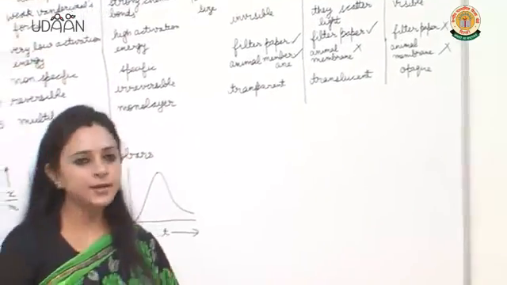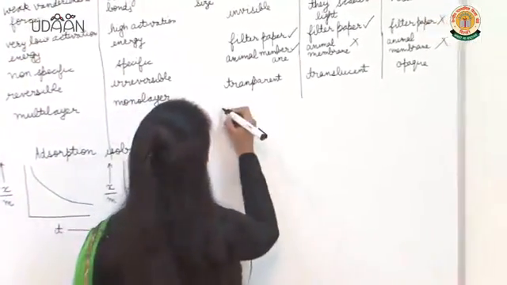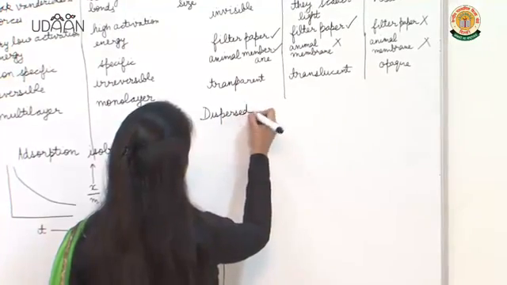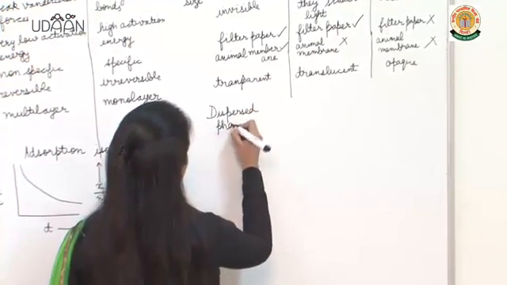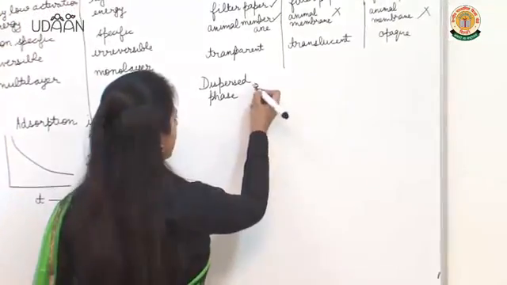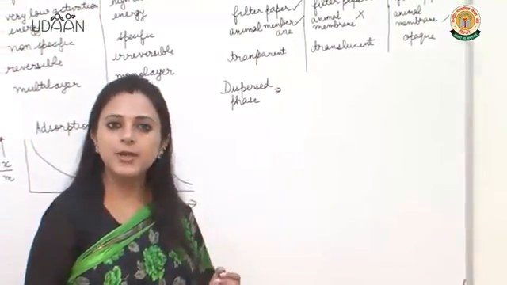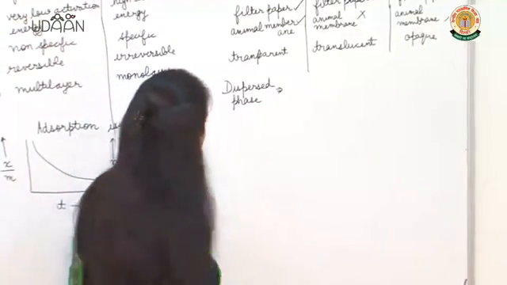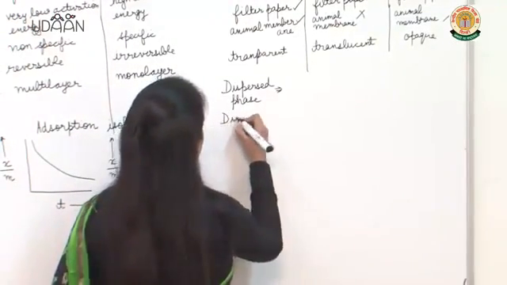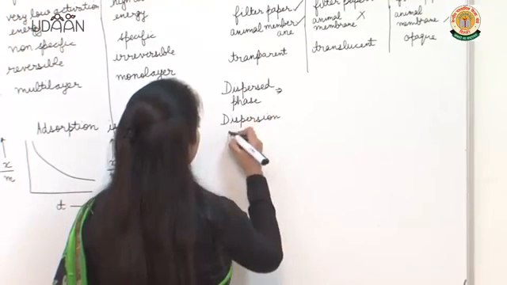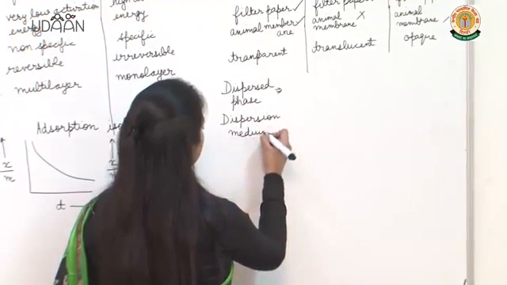Now, let us understand what is dispersed phase. The substance which is dispersed is known as the dispersed phase, and the substance in which it is dispersed is known as the dispersion medium.